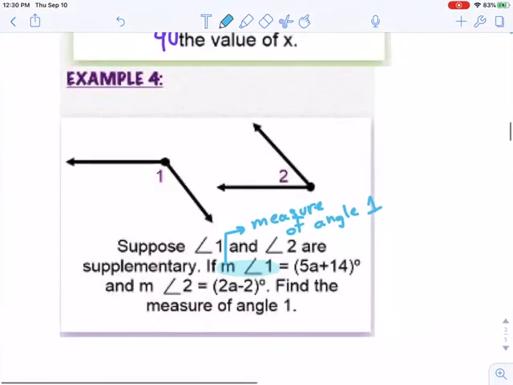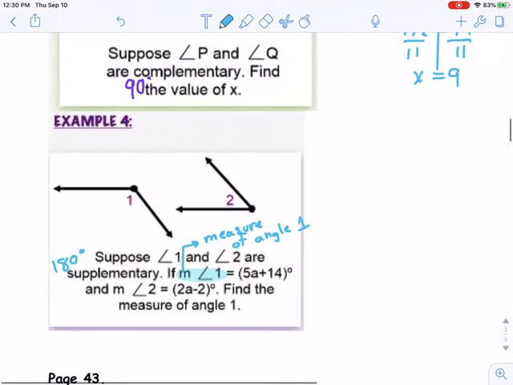Don't forget that. I know I've talked about that before, but just in case you forgot, that's what it means. Furthermore, we see supplementary, automatically think 180. Bada bing, bada boom. I'm going to have 5a plus 14 plus 2a minus 2 equals 180.